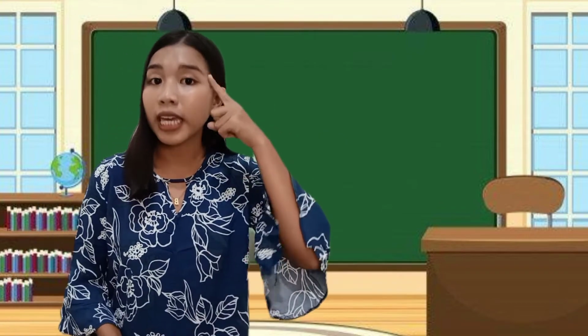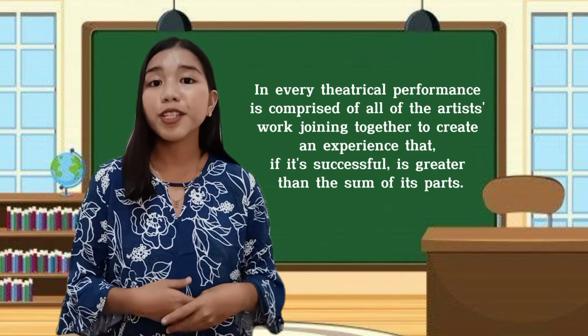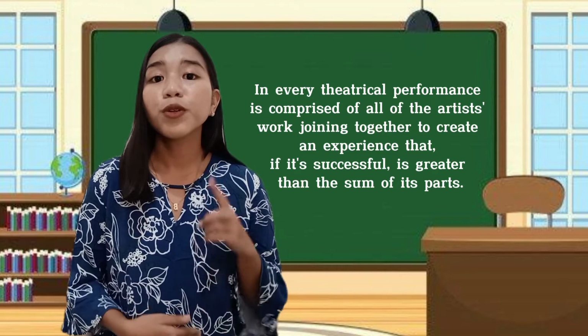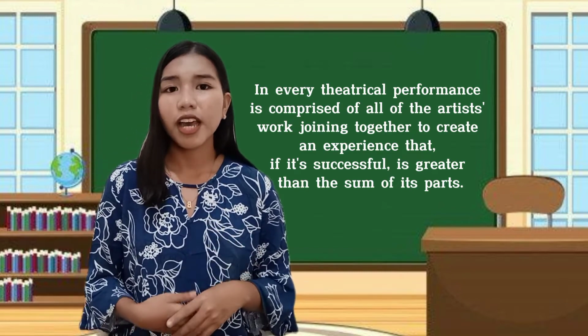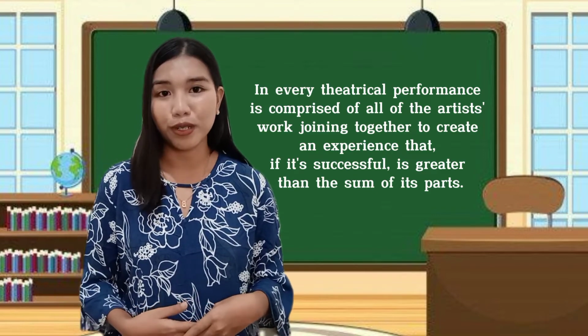Class, you must keep in mind that every theatrical performance comprises all the artists' work joining together to create an experience that, if it's successful, is greater than the sum of its parts.